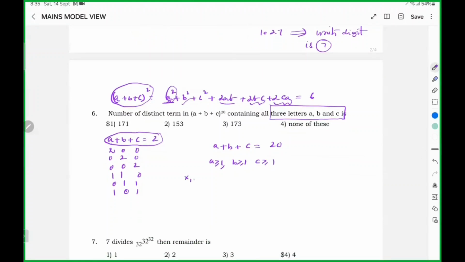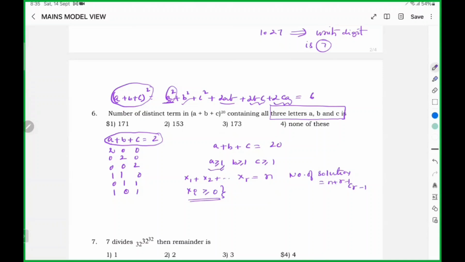But we have a formula: for x1 + x2 + ... + xr = n, the number of solutions is (n + r - 1)C(r - 1), provided each variable is greater than or equal to 0. If it starts with 0, we have this formula.